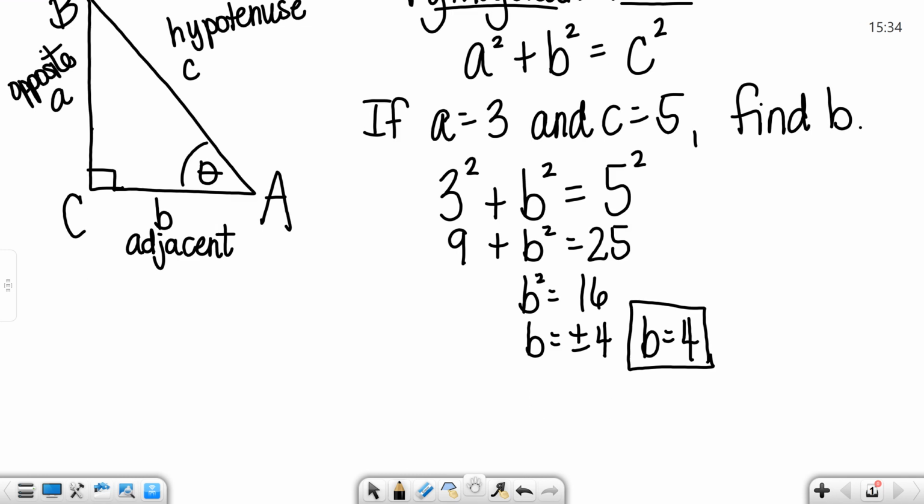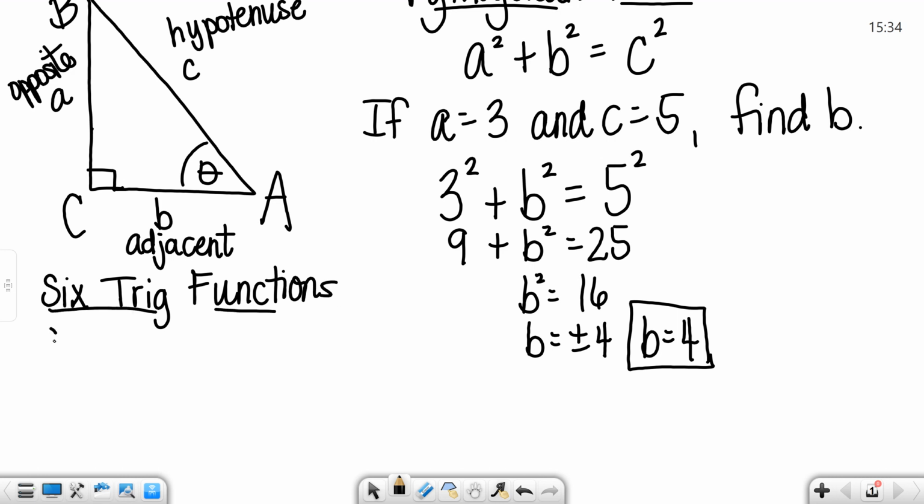so that we can work with that when we're doing our trigonometry. All right, so there are 6 trig functions that we need to look at today. All right, the first 3 you may be familiar with: sine, cosine, and tangent. Now these are the actual words.